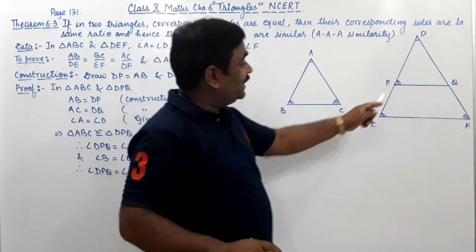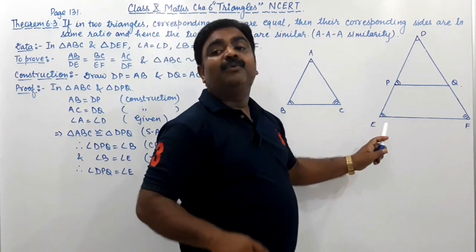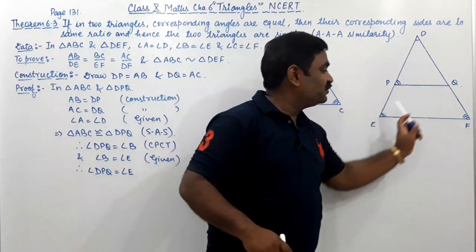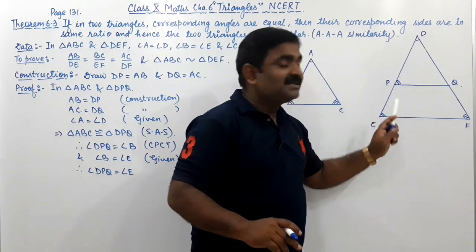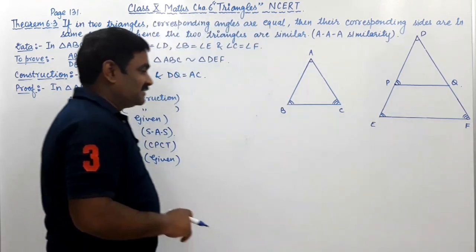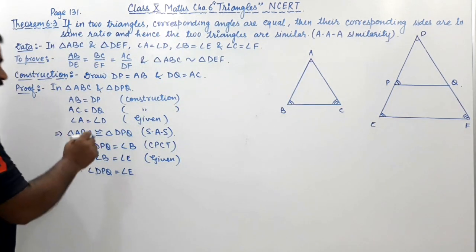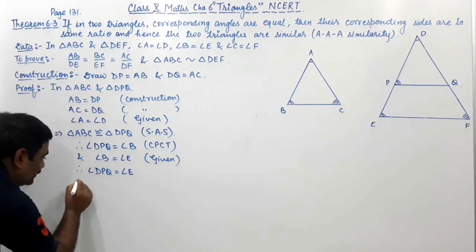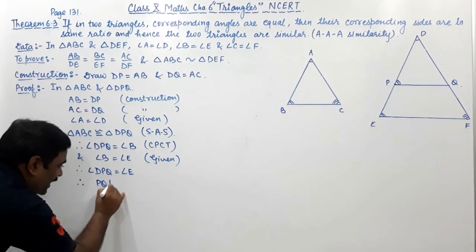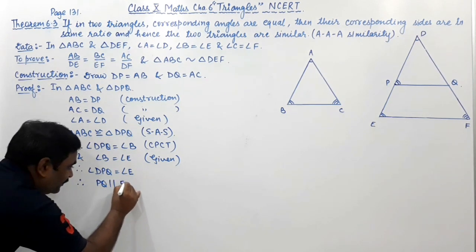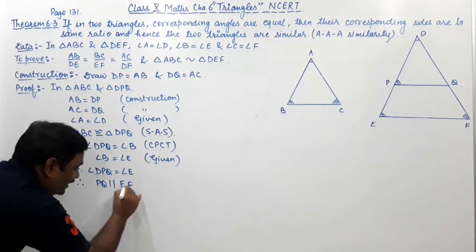And if these two angles are equal, then what can you say about the lines PQ and EF? Are they parallel? Why? Because these two angles are corresponding angles. Therefore you can say that PQ is parallel to EF. Why?